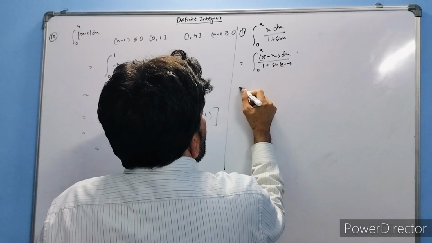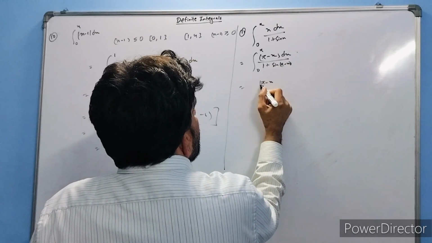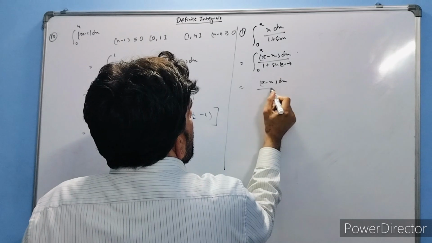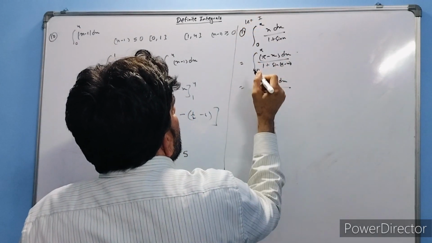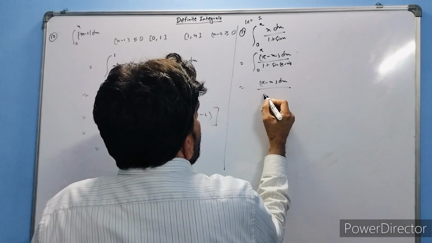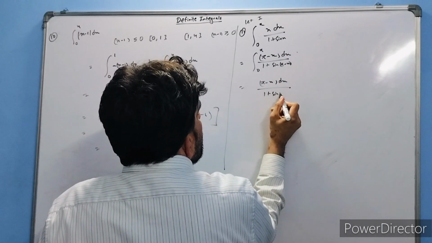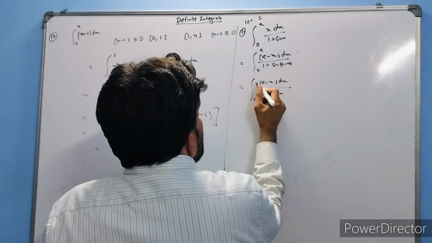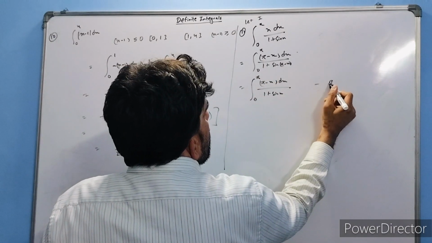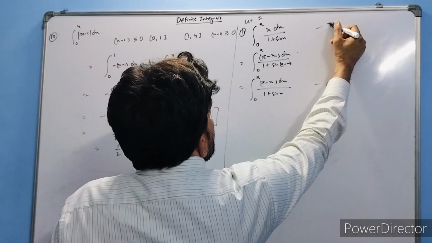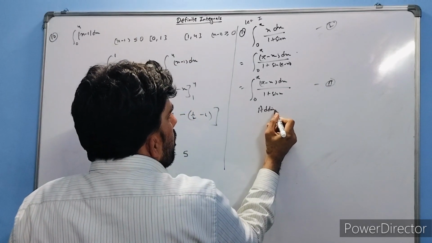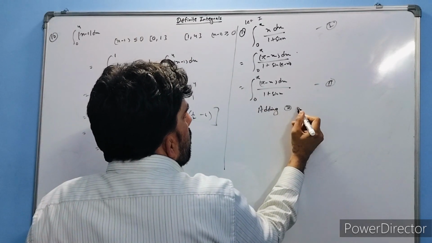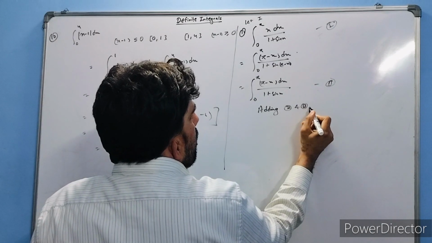Okay, so I got pi minus x dx upon, let this be I. So now sine of (pi minus x) will be sine x. Okay, so now 0 to pi, this is second, this is first. Now what we'll do is add first and second.